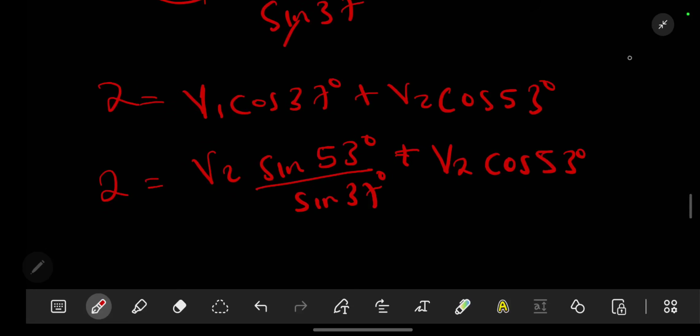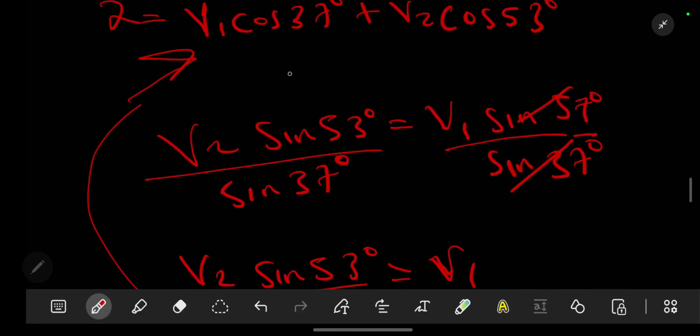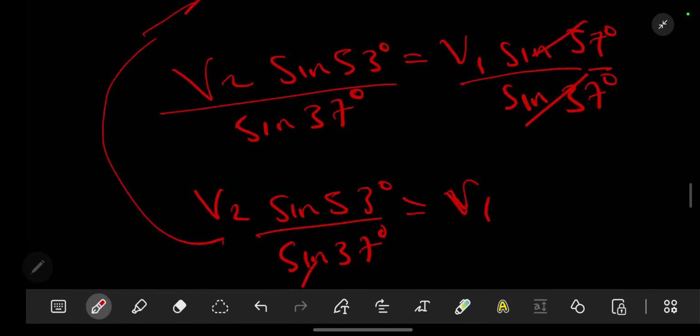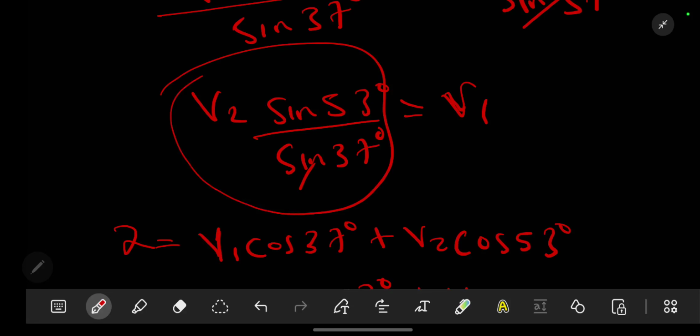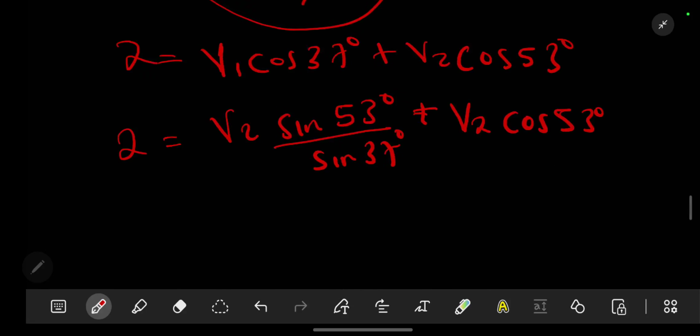So with that done, we replace there. So v1 is equal to this. So this is our v1. So we replace it like that.